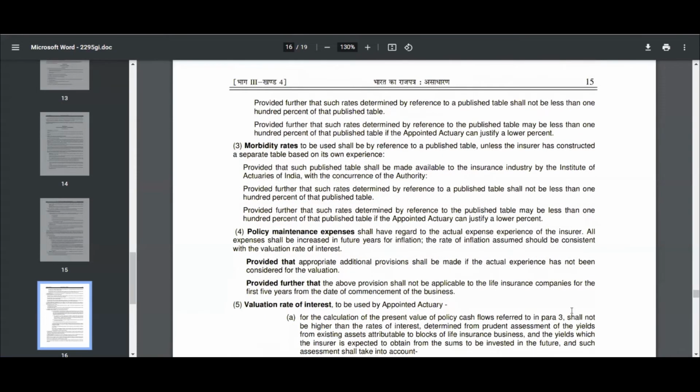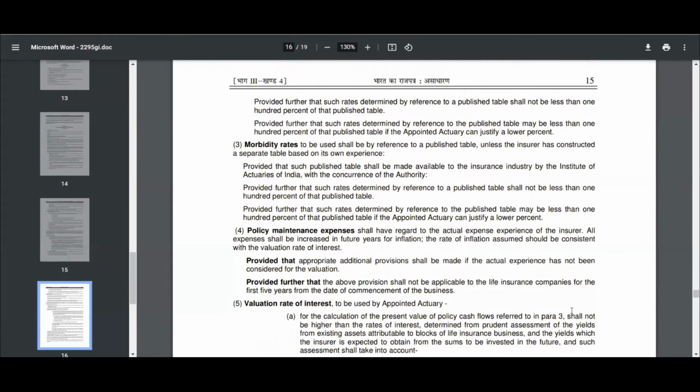Moving on to expense. The expense assumption will be based on the actual experience of the insurer, and it should increase in line with inflation. The inflation should be consistent with the interest rate, as I mentioned in the appropriateness of the consistency between the parameters. Now, an additional provision should be kept if the expense assumption is not based on the actual experience of the insurer.